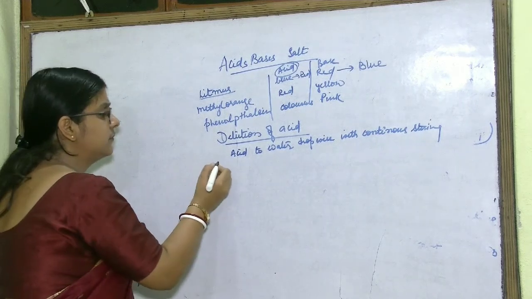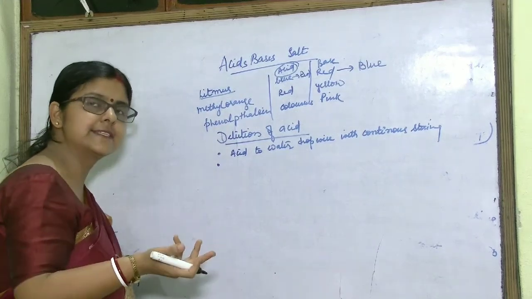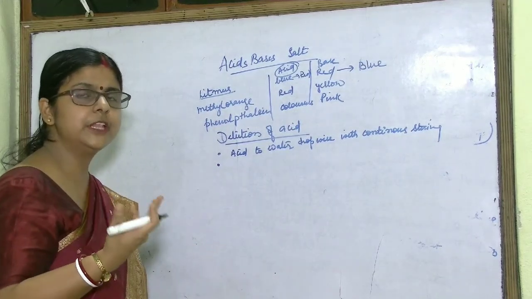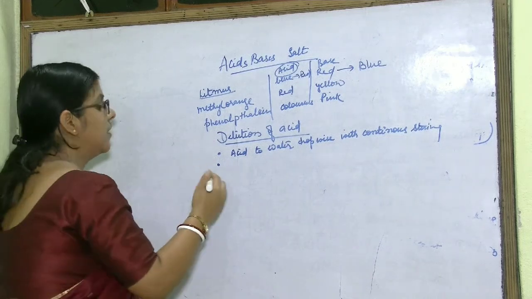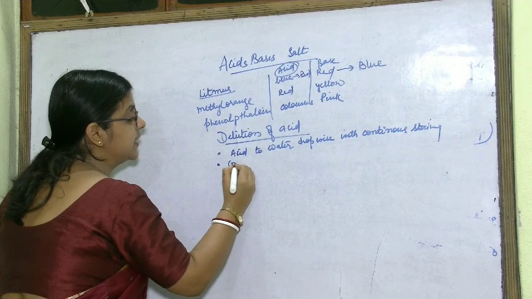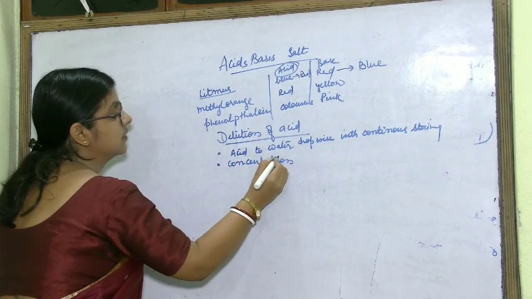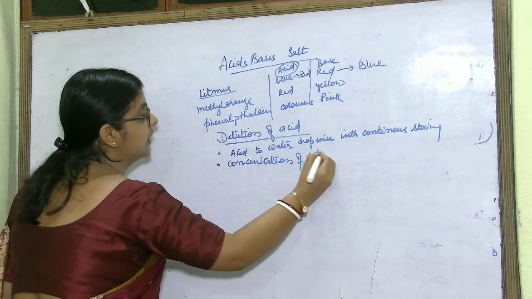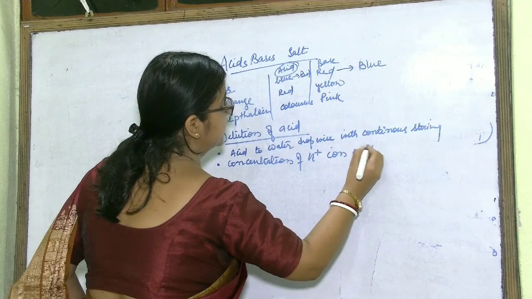Now, another point is, if you are diluting an acid, what will be the concentration of H plus ion? The concentration of H plus ion will decrease.